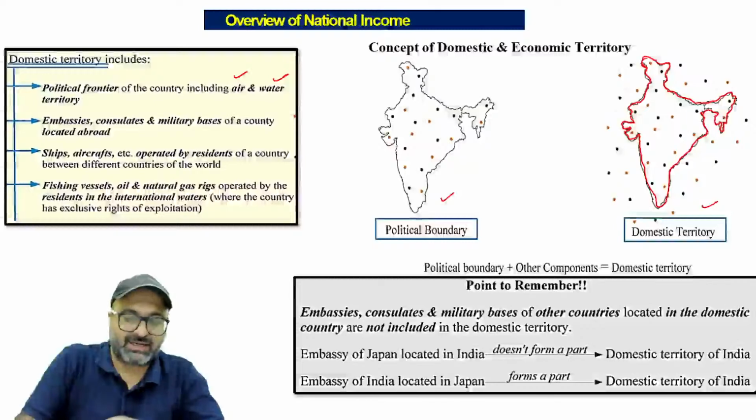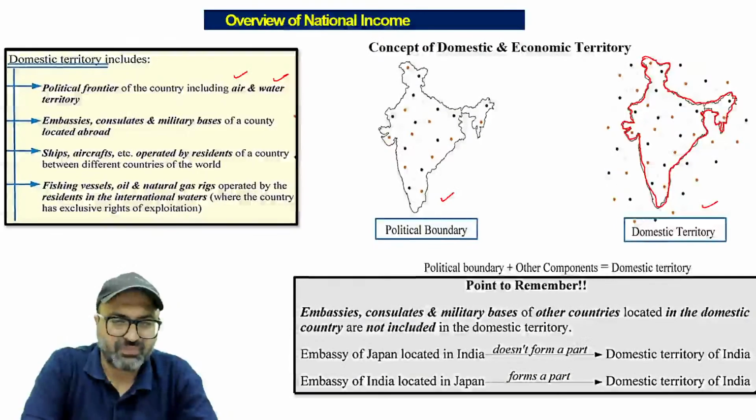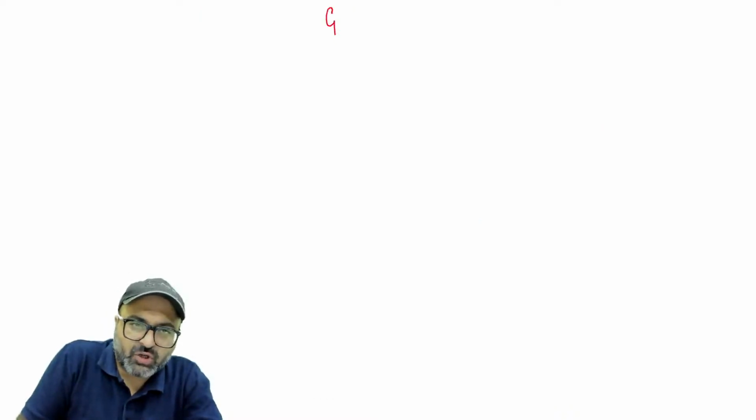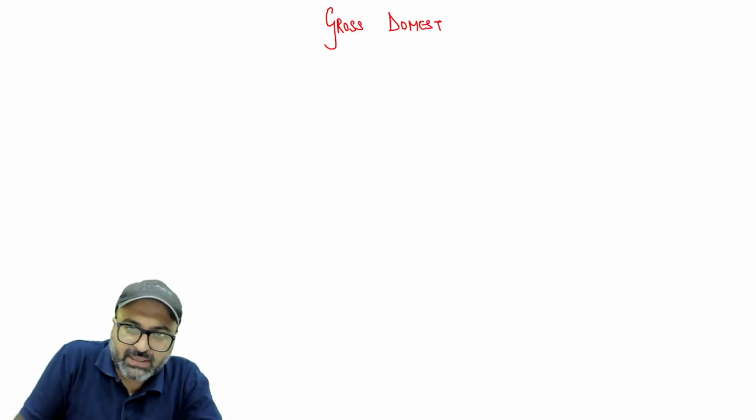So let's get started with the term GDP, how we define the term GDP. I'll go word by word. Please pay attention. If I go word by word, GDP is gross domestic product.